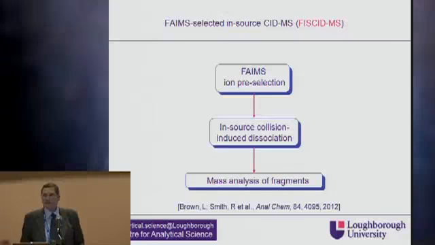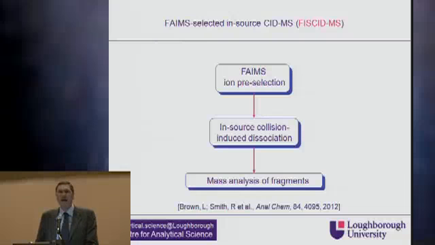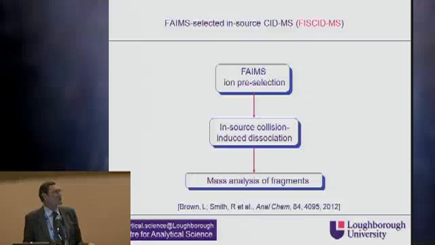And it works a bit like this. We know that if we take ions from an electrospray source, we can use the FAIMS to pre-select ions of a particular compensation field or compensation voltage. So we can selectively transmit those ions through into the mass spectrometer.